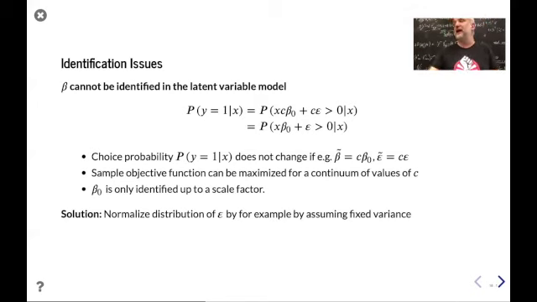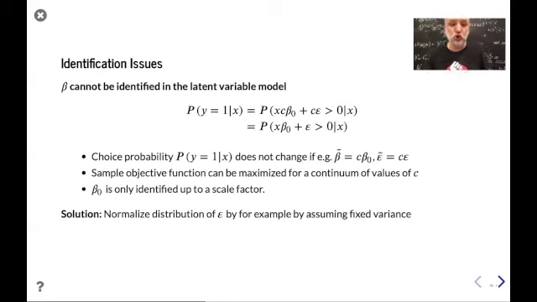It's identified only up to a scale factor. You can't identify it separately from the scale of the error term. Now, without identification, you can't estimate consistently. So we need to obtain identification.